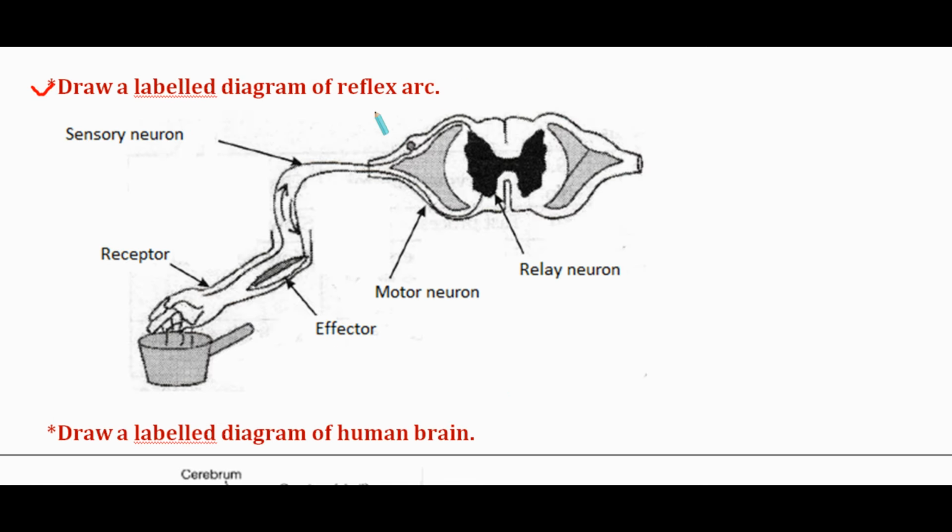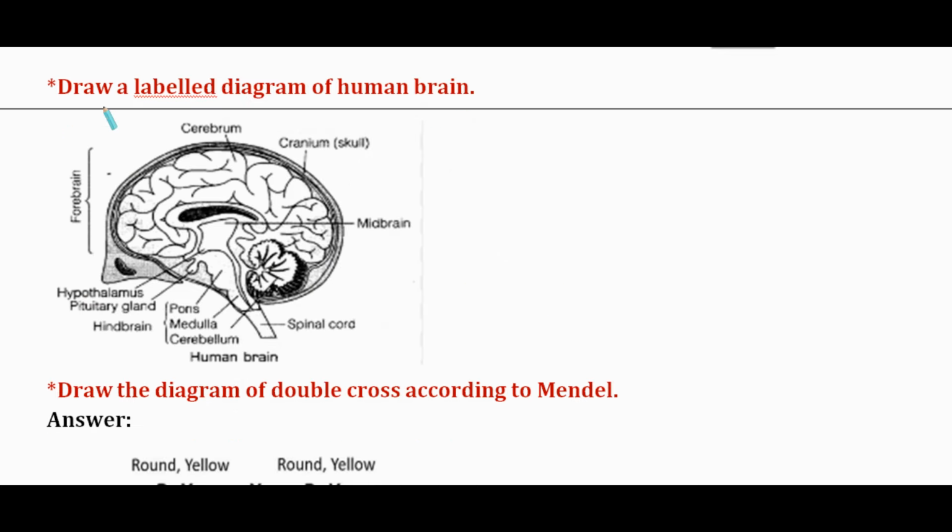Next question, draw a labeled diagram of reflex arc. This is the sensory neuron, this is the receptor, effector, motor neuron, and here is the relay neuron. You have to draw this figure and practice in your copy. The next is, draw a labeled diagram of human brain.